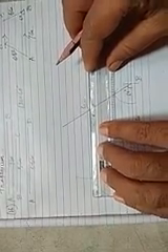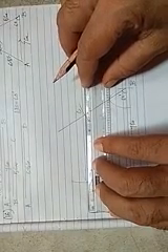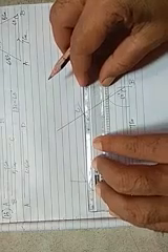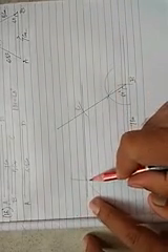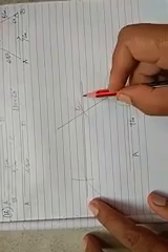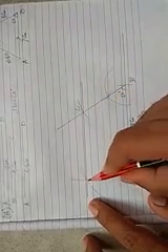Now if I join these 2 points, so this line is parallel to AB. This point of intersection is only to draw a line through the point C which is parallel to AB. This is not the point D.